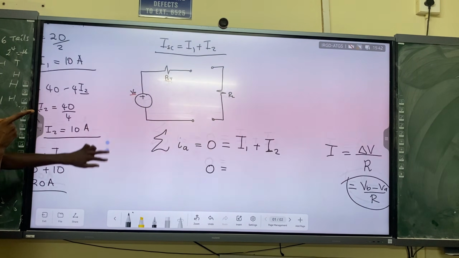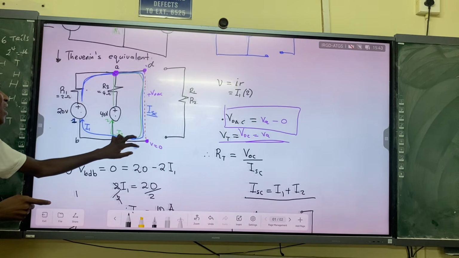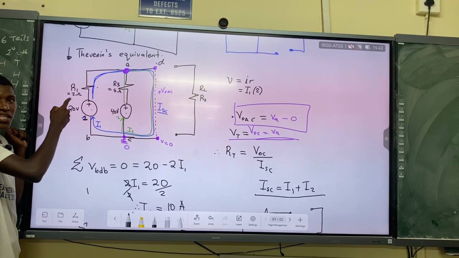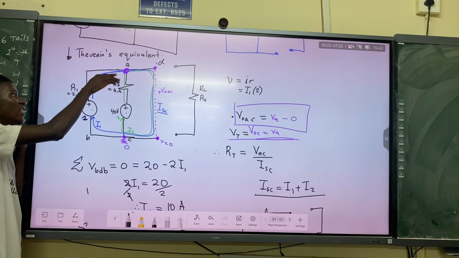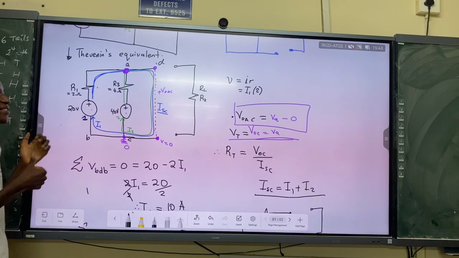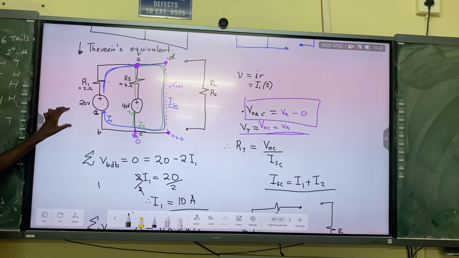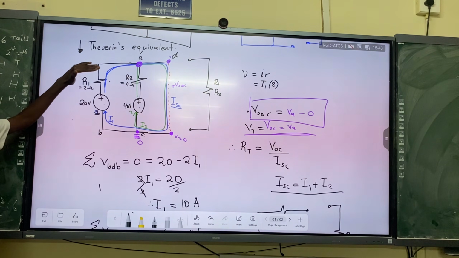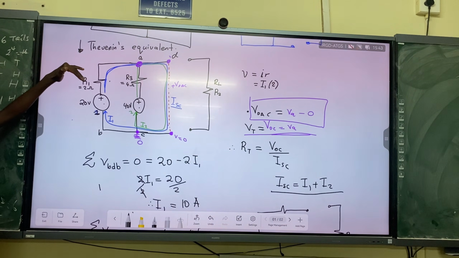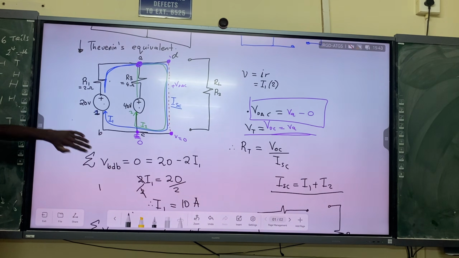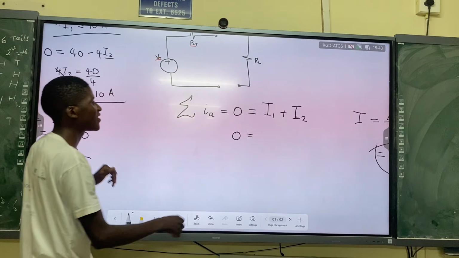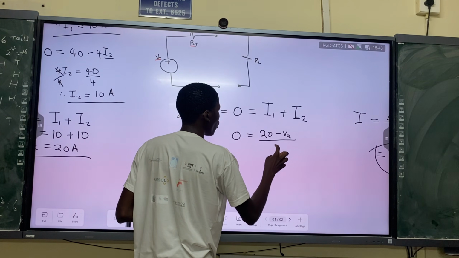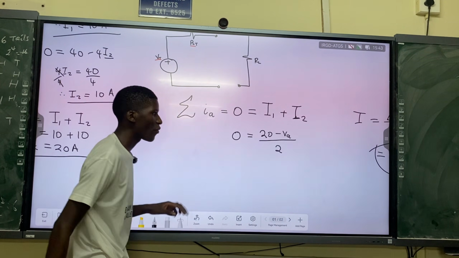So I1, as we know, is the current through resistor R1, the blue current. We express it using Ohm's law. So this is 20 minus VA over 2 ohms. We're just substituting.